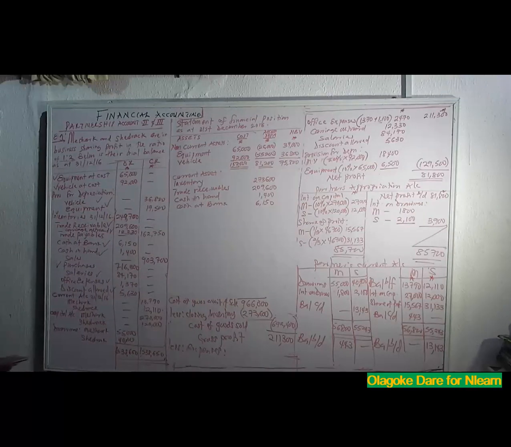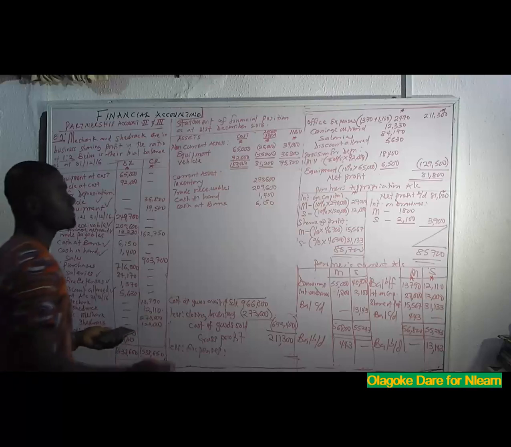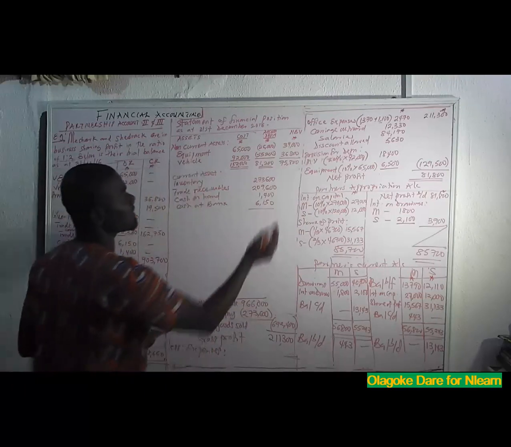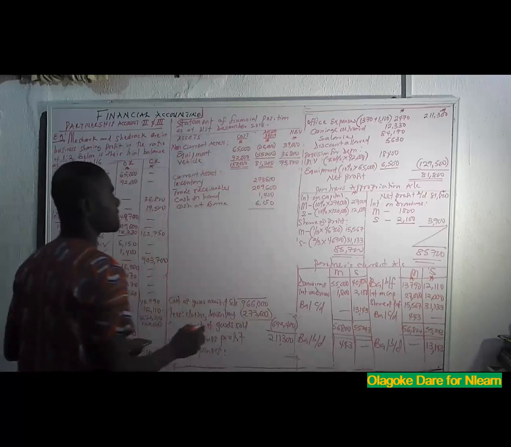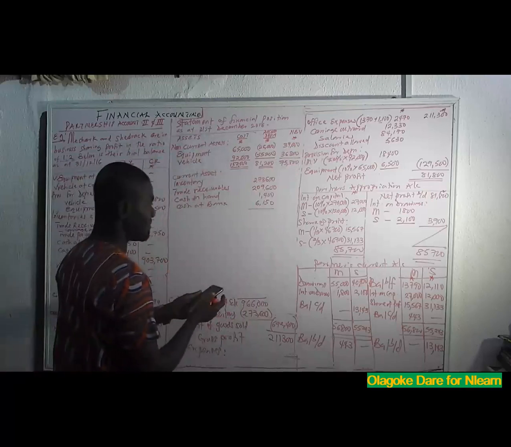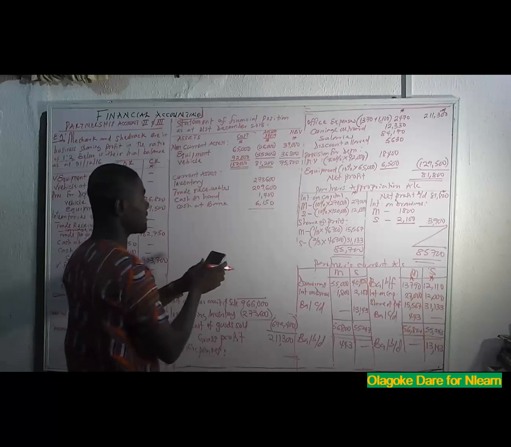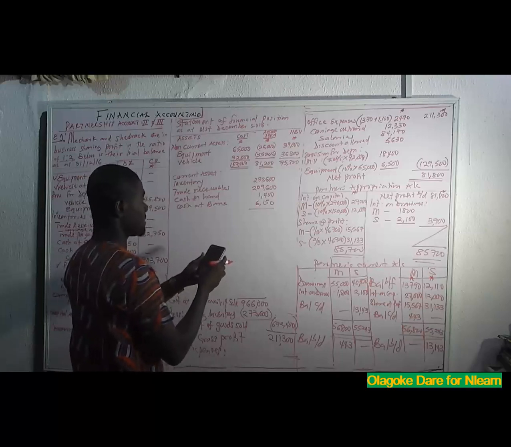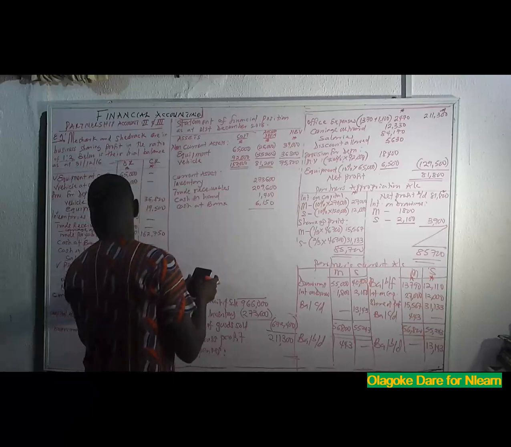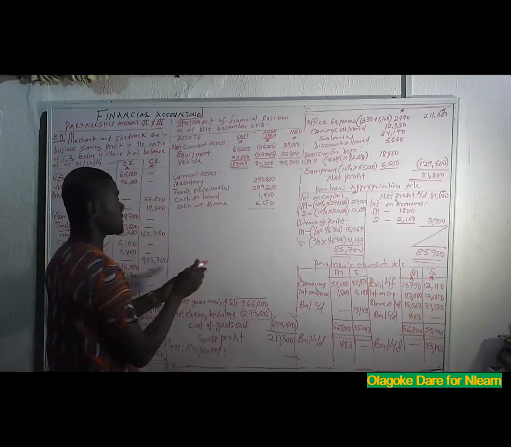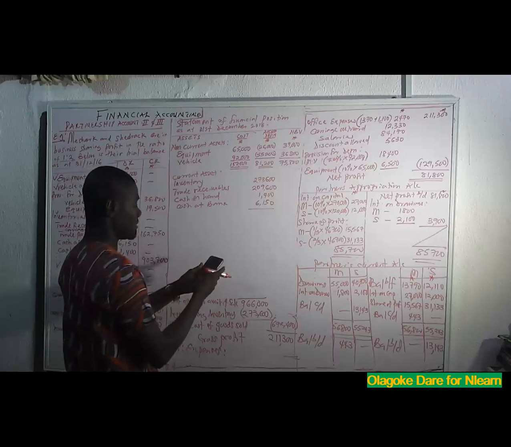So with this, I don't have any issue. I don't have any prepaid expenses. What I have is accrued office expenses. That's a liability. My current assets are 209,600 plus 1,400 plus 6,150, plus the inventory of 273,600.